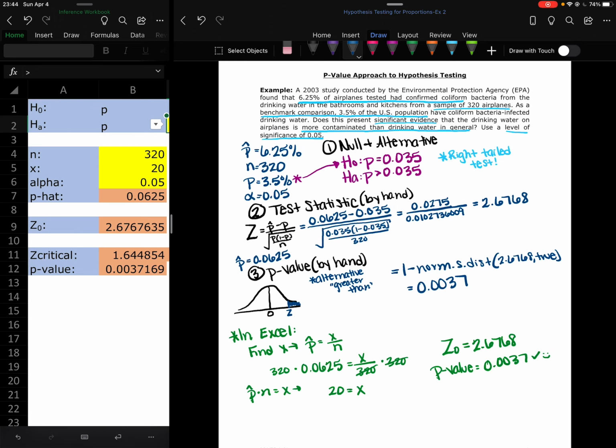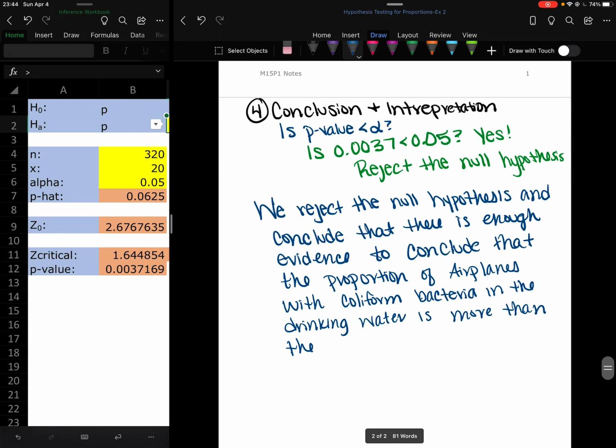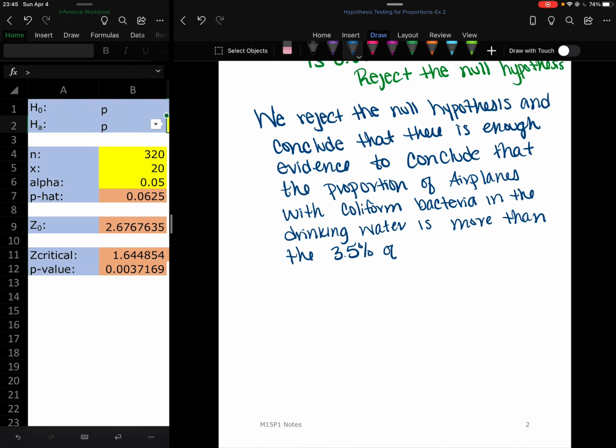So is more than the 3.5% of the U.S. population with coliform bacteria.